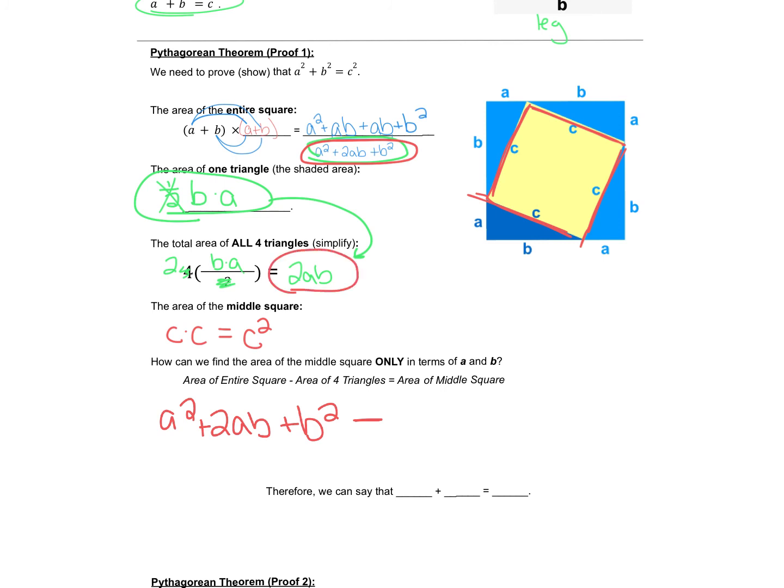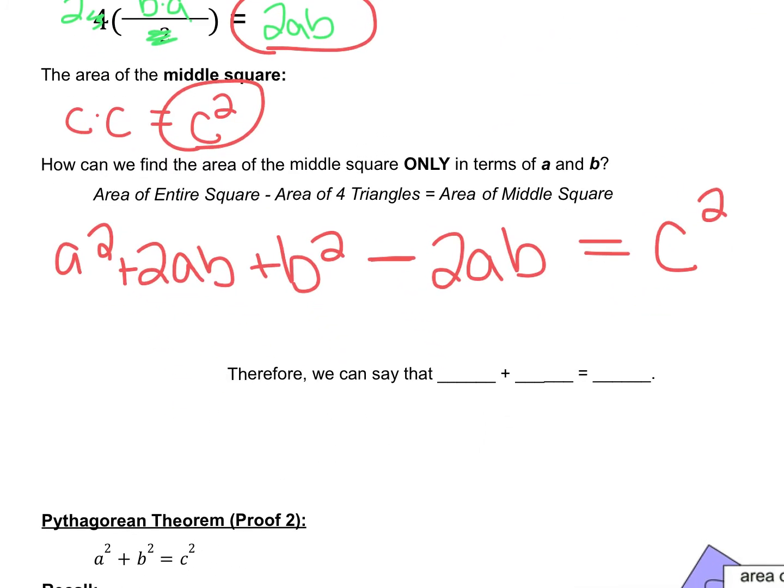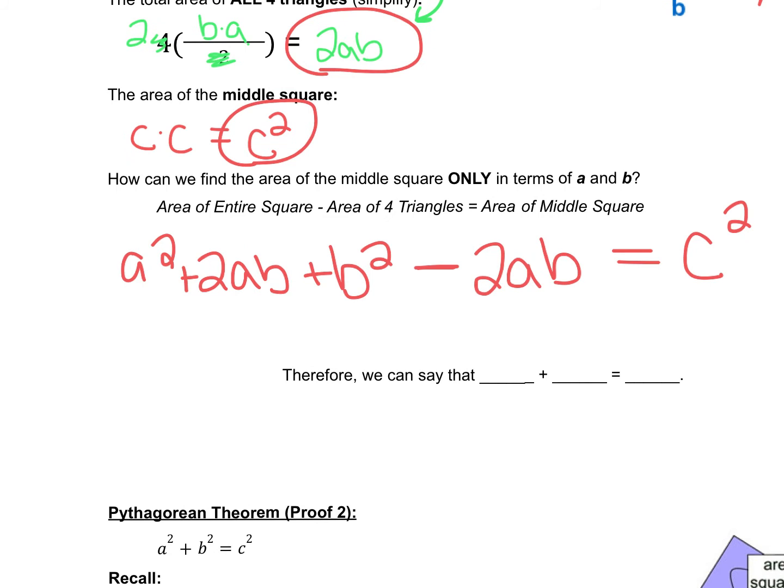That's where we got this. So minus 2ab is going to equal the area of the middle square. Well, the area of the middle square we said was c squared. So if we combine like terms, I see that I have positive 2ab and negative 2ab, so I'm going to be left with a squared plus b squared equals c squared.